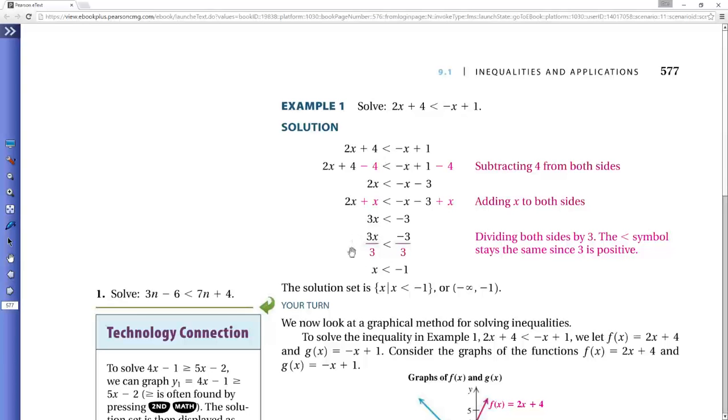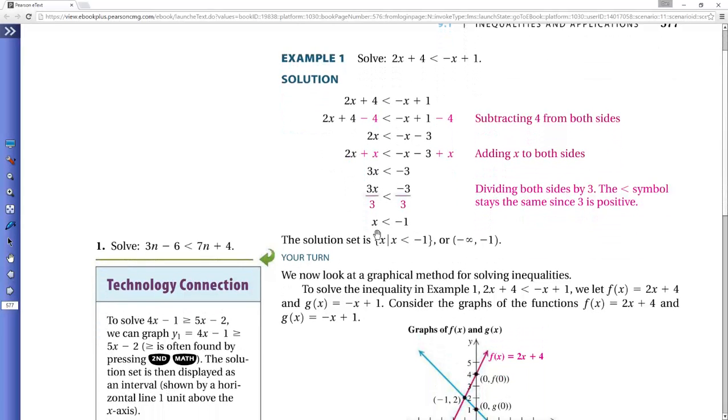What I've really done is multiply by 1/3. 1/3 times 3 is 1, and I get x, 1x. 1/3 times negative 3 is a negative 1. So I have a variable less than a constant. I have probably the easiest representation of all solutions for this inequality.